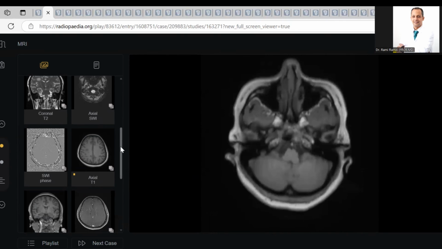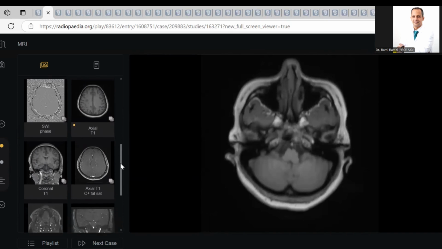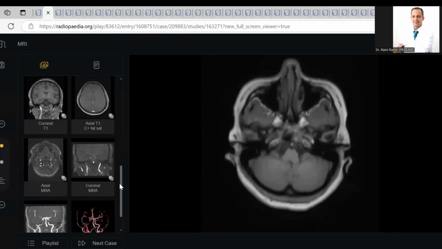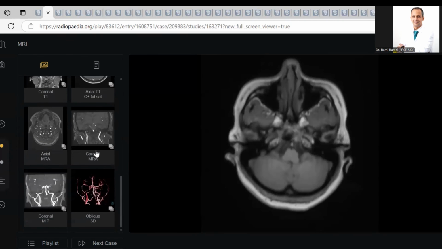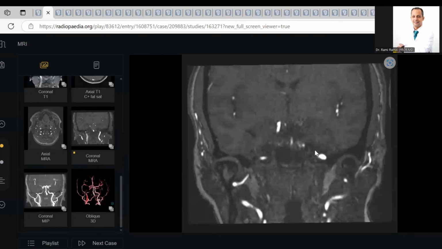Third, don't leave the patient or the examiner without informing him. The examiner is a radiologist. He wants to listen from you about radiology. Ask, I will do MRA. This is the MRA. Compare right with left.